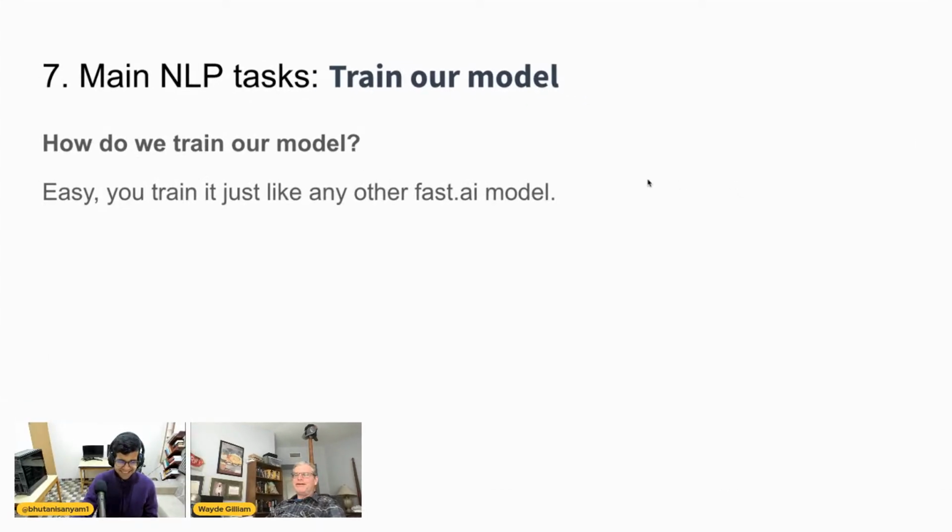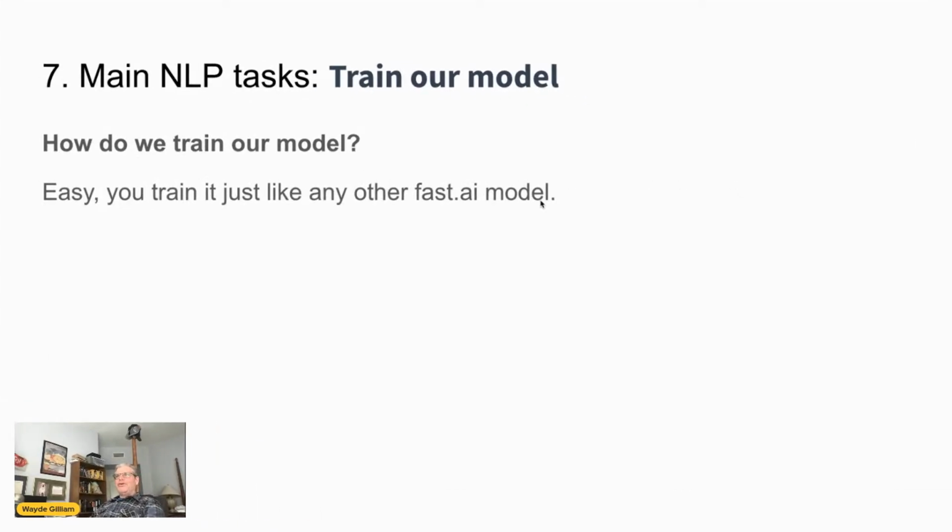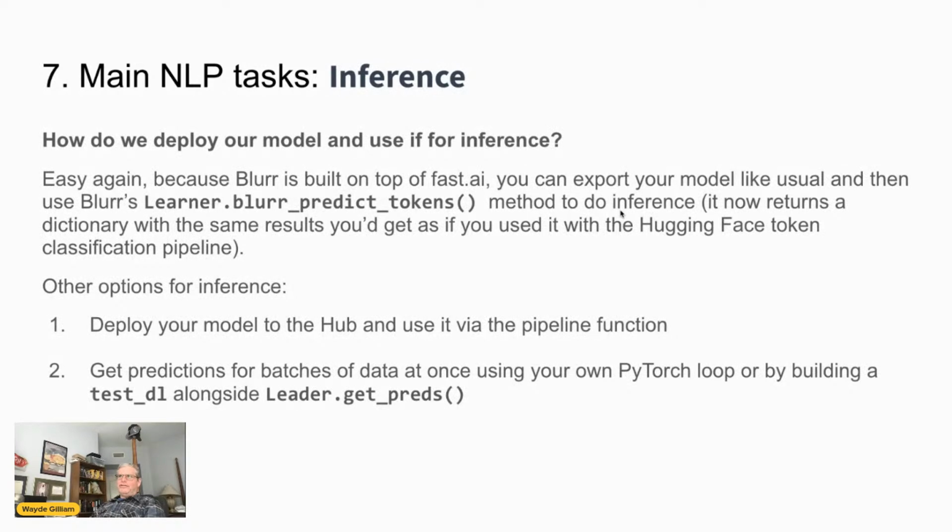So all right, once we've trained our model, the last step is inference. And again, we can use the same approaches to inference that you've already seen in fastai, which means we can export our model and call predict. With Blur, we actually include a helper function that we associate to the learner class called blurr predict tokens.